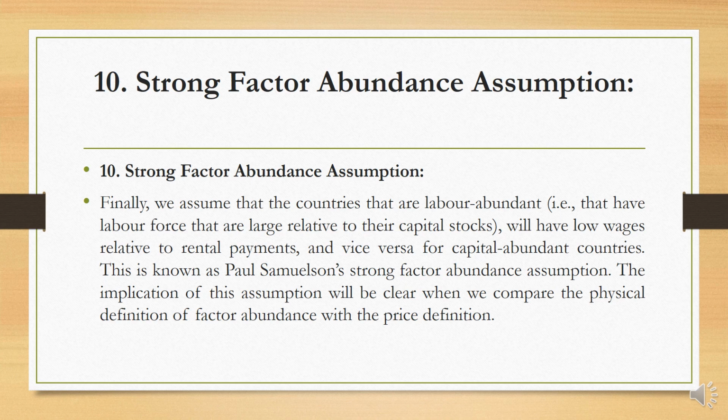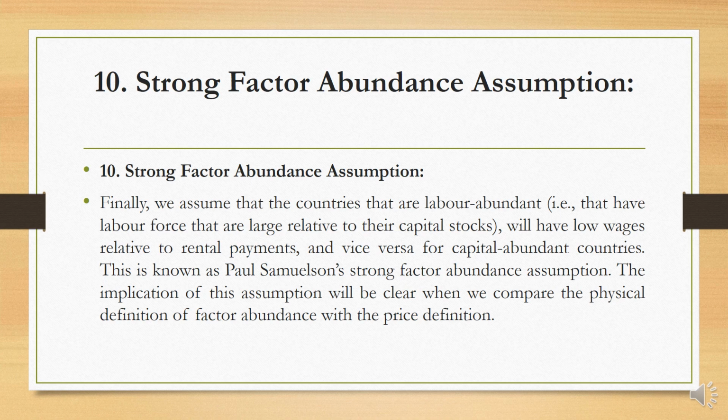In previous assumptions, we explained the 2 by 2 by 2 model, that is, two factors of production, labor and capital. So one country should be labor abundant, that is, labor is cheaper as compared to the capital.